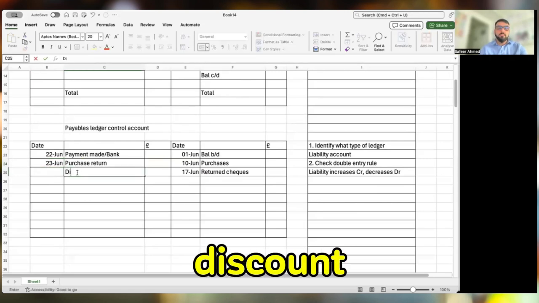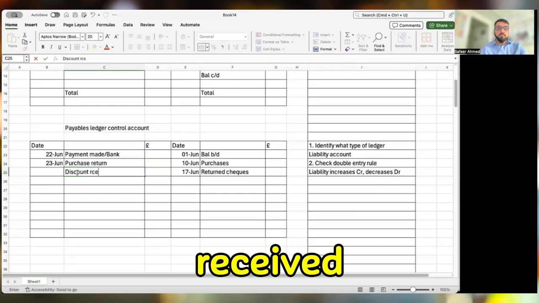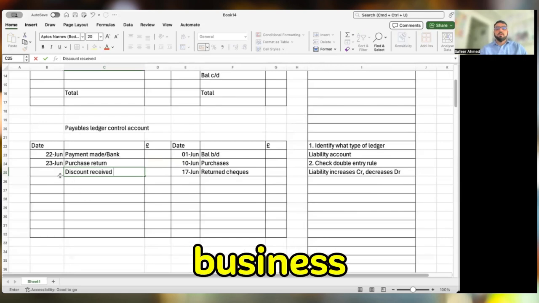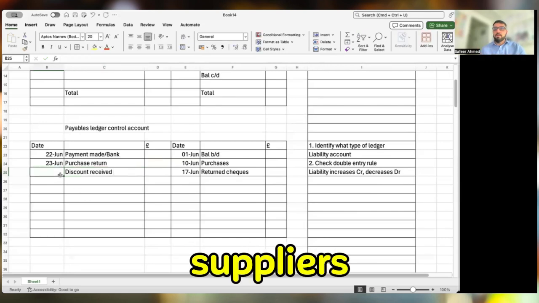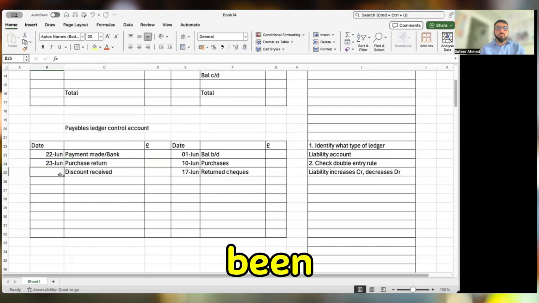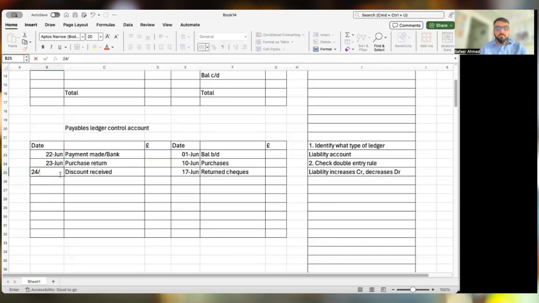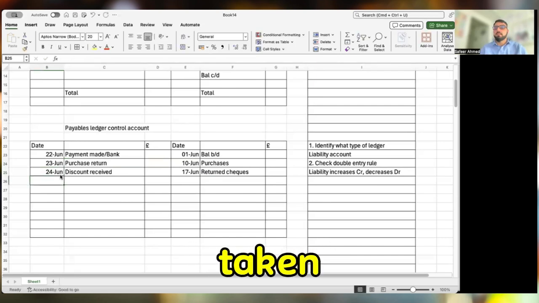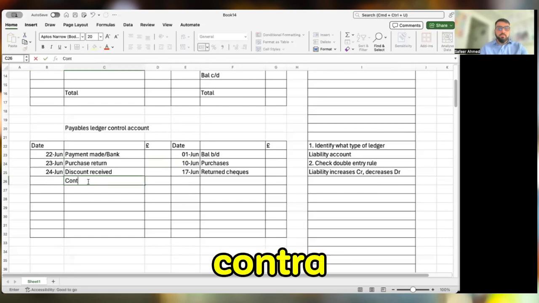And similarly, discount received. So again, the business will not pay to its suppliers the discount which has been offered to them, and the business has taken it. Similarly, contra entry.